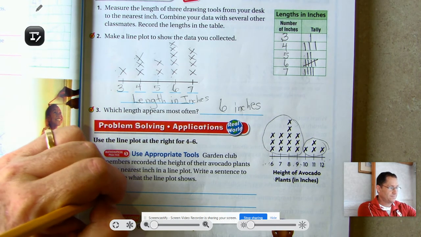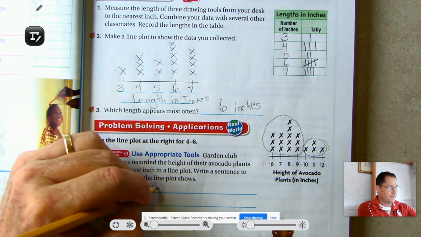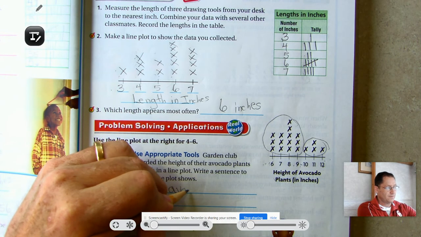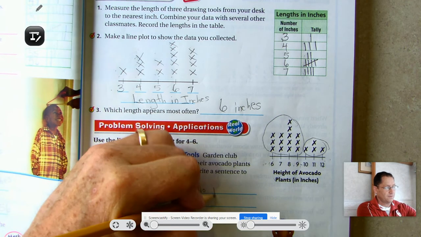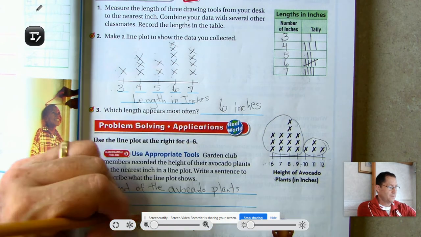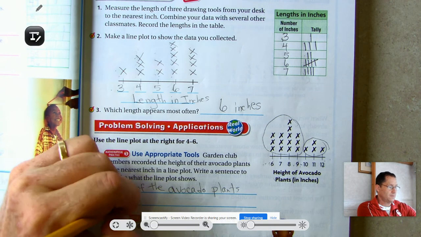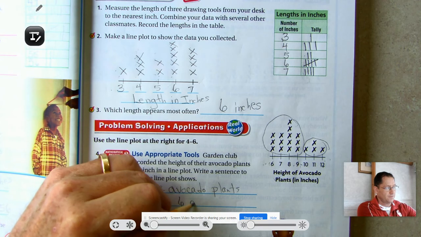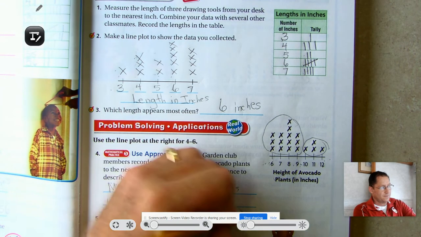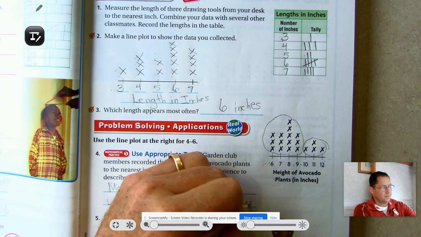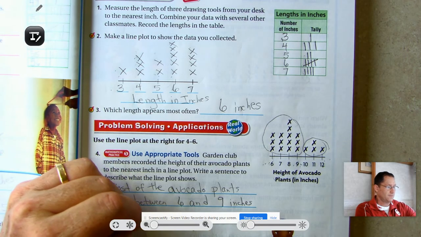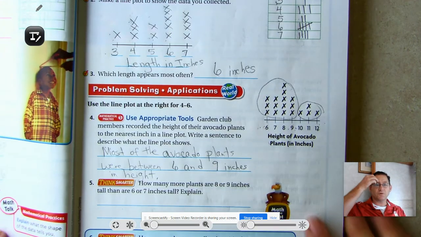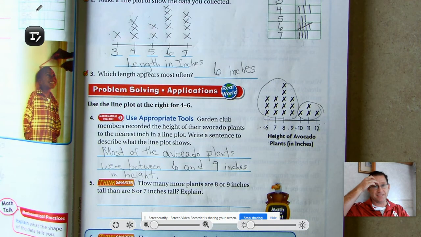Most of the avocado plants were between 6 and 9 inches in height.